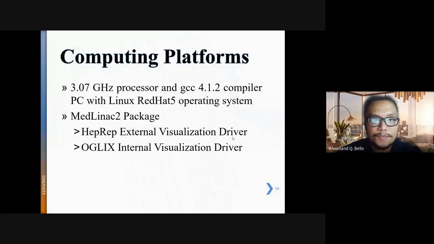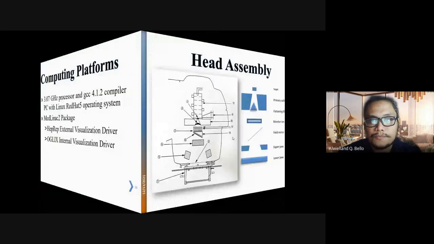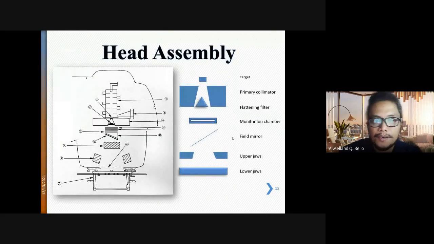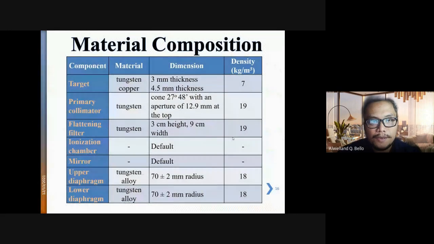For the computing platform, we use a 3.07 gigahertz processor, a GCC 4.1.2 compiler PC, and a MedLinac package. And this is the head assembly of the Electra linear accelerator. And for the material composition, take note that we are using either tungsten or tungsten alloy in most of the components.